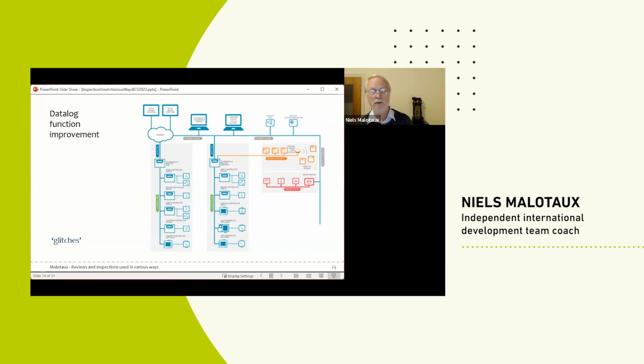And the story was there were some glitches when the head office or local PCs wanted to collect the data log data. So something had to be repaired or improved, and that was the description in this document.